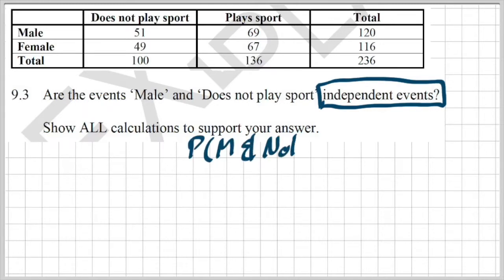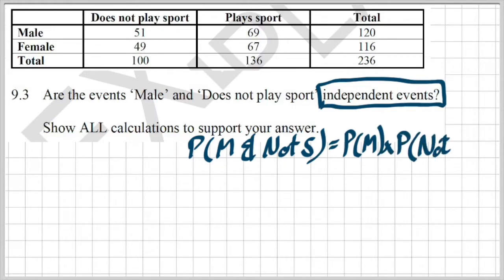The probability of male and not sport must be equal to the probability of male times the probability of not sport. That is what we need to prove. That is my RTP. If this is true, then the events are independent, meaning that whether it's male or female doesn't influence whether they're going to play sport or not.